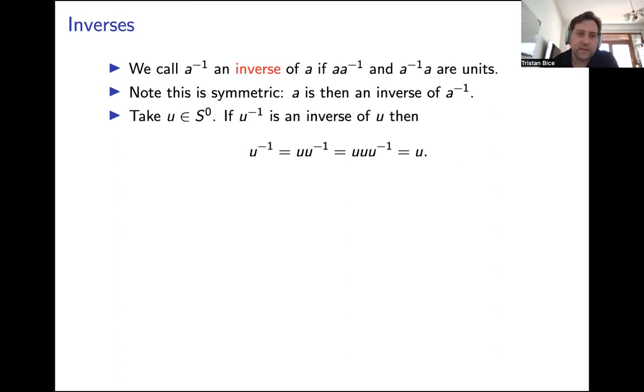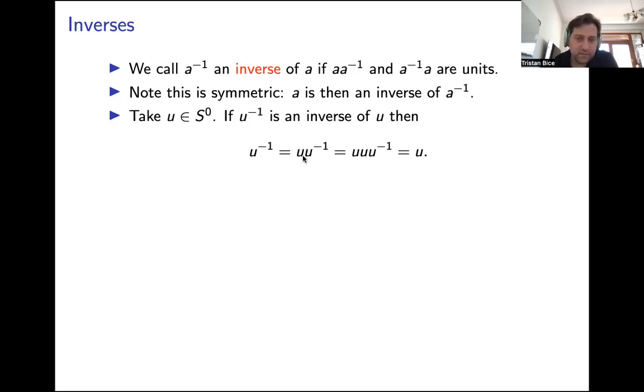Another thing to note is that, let's say we have a unit U, and let's look at the inverse of that unit, assuming it exists. Well, then a simple calculation tells you that if U inverse is defined and U is supposed to be a unit, that should do nothing to U inverse, right? That should just give us U inverse.